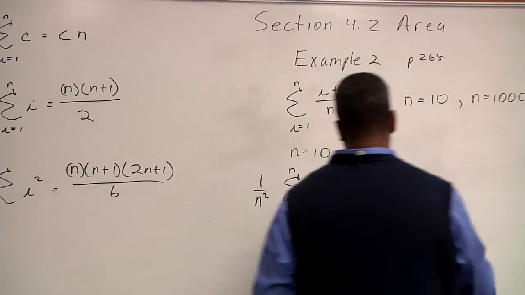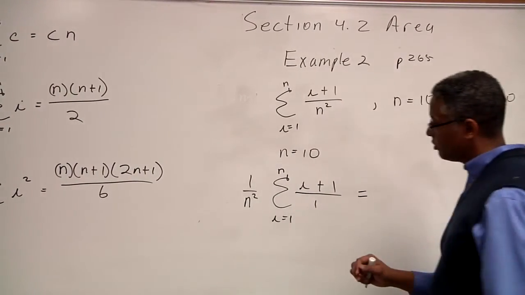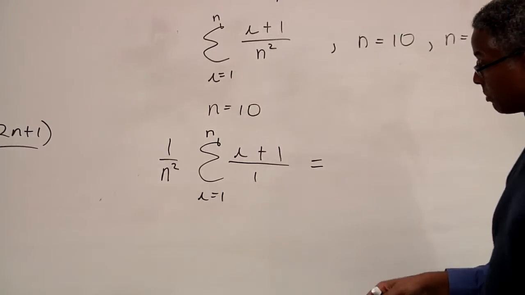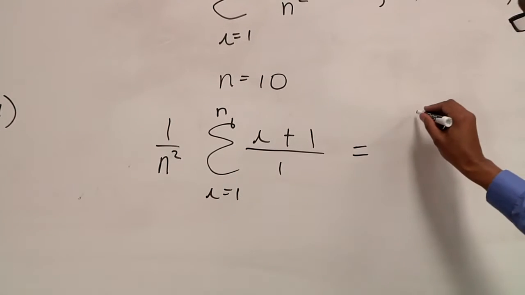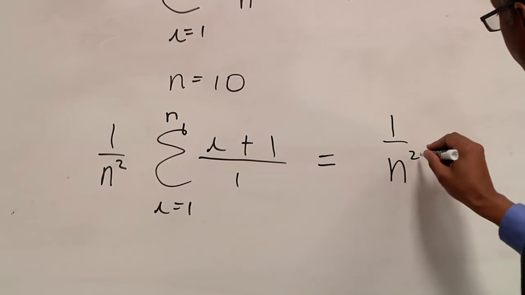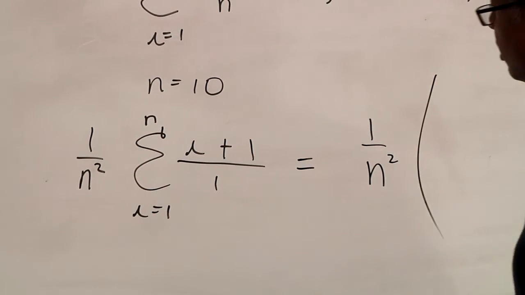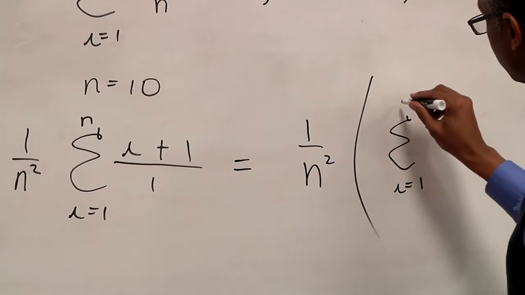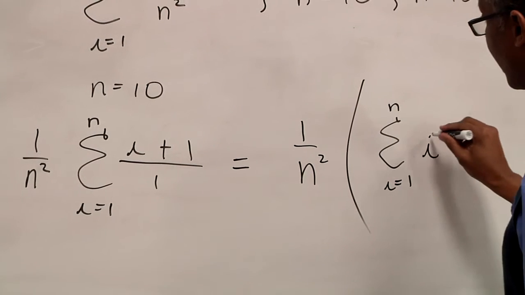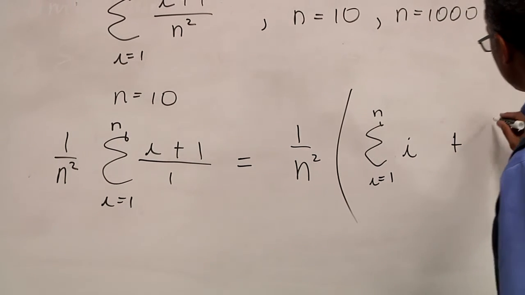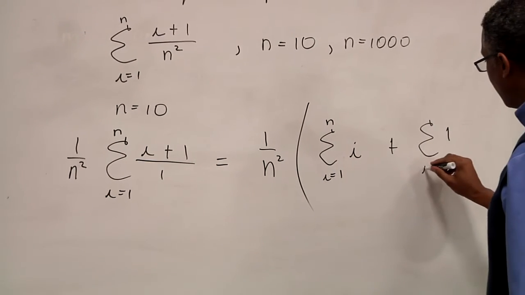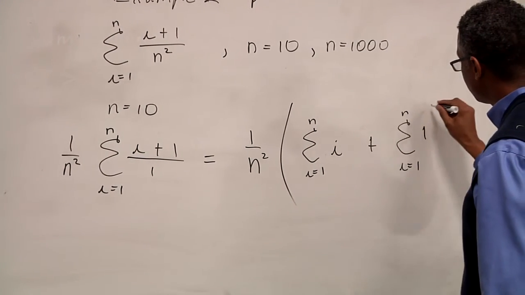And then the next thing we're going to do is use somewhat of a distributive property for the summation, or the sigma symbol here. So we're going to have 1 over n squared on the outside. We're going to have summation i equals 1 to n of i plus the summation of 1, i equals 1 to n.